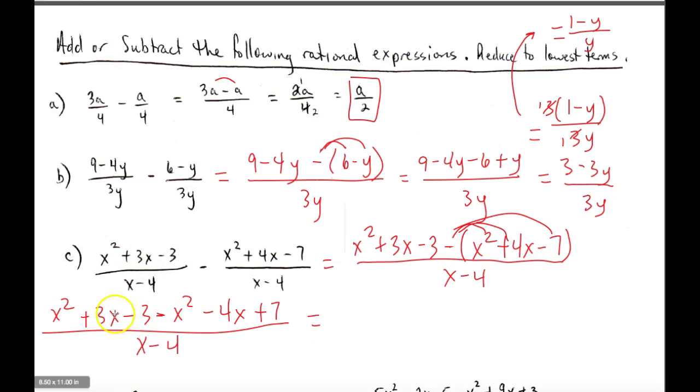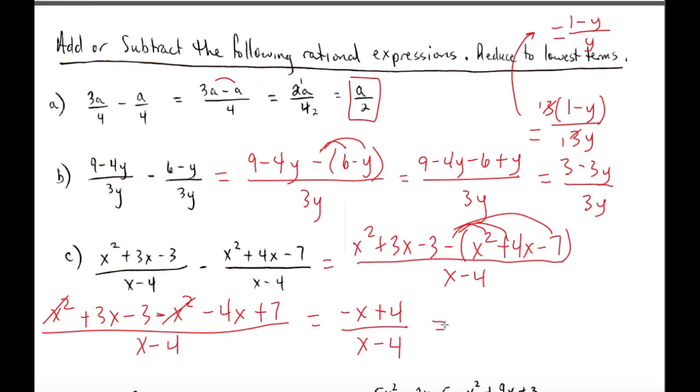And so now we start to combine like terms. So x squared minus x squared gives us 0, so that cancels. 3x minus 4x will give us a -x, and -3 plus 7 gives us a +4. Okay?